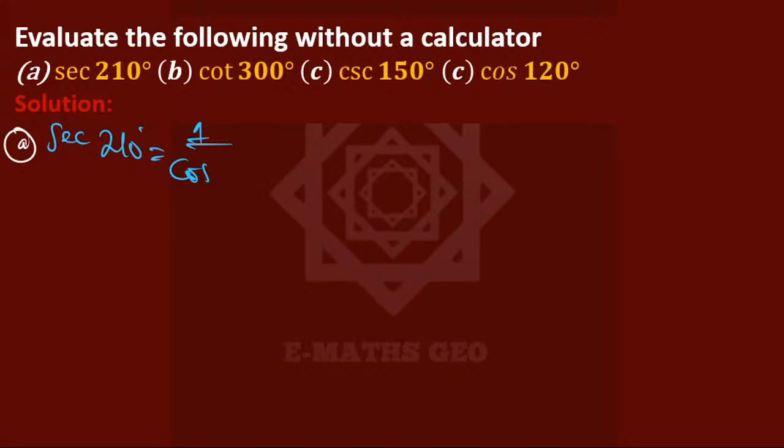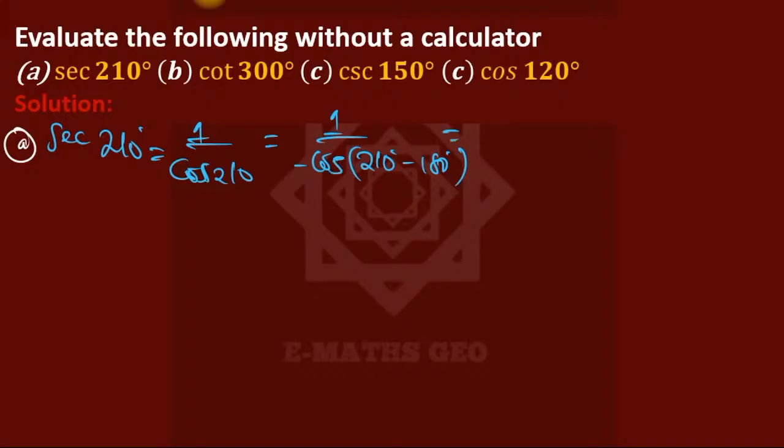And 210 is in which quadrant? Third quadrant. And we normally subtract 180 from the given angle. 210 minus 180. And it's only tan and cot that are positive, so cos is negative.